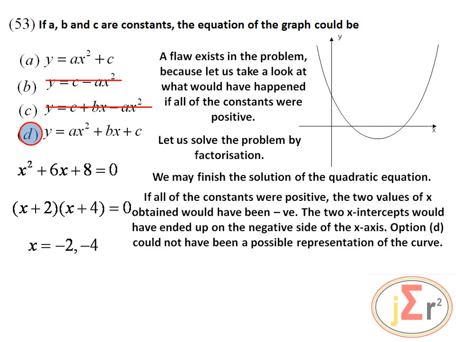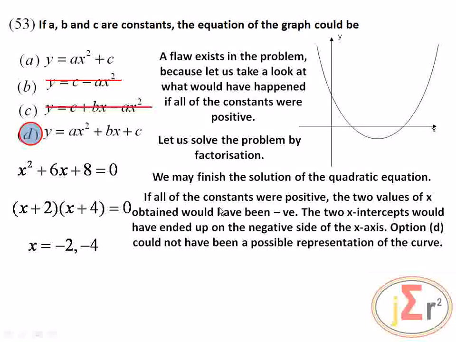Option D could not have been a possible representation of the curve. So if all of the constants were positive, then we would have a serious problem, because both intercepts would have been on the negative side of the x-axis.